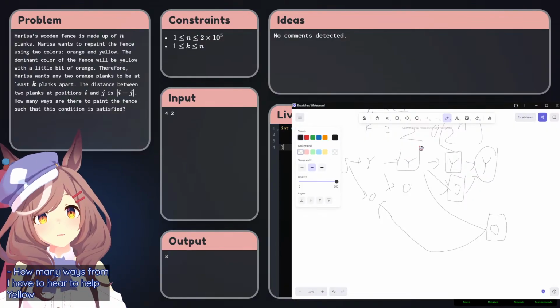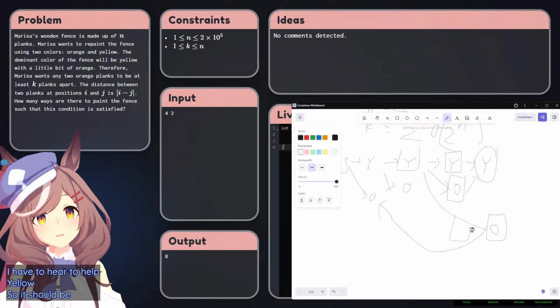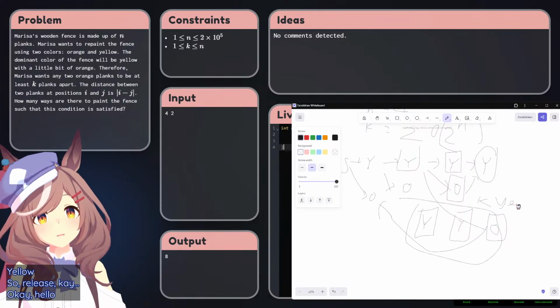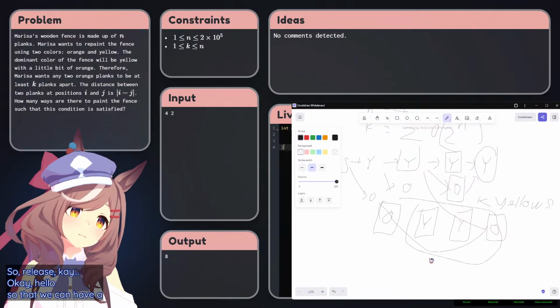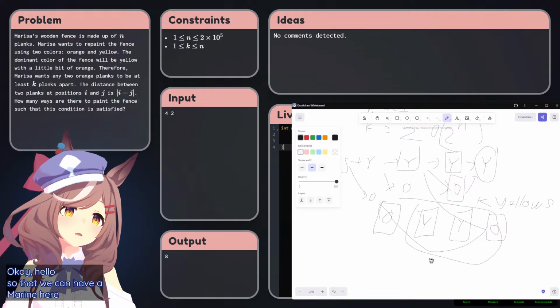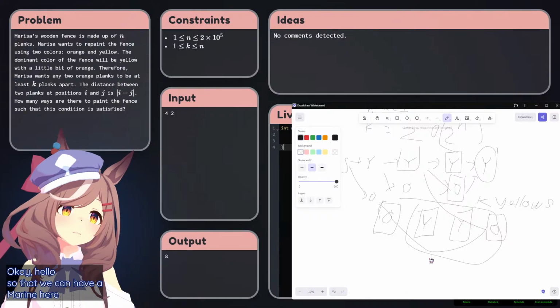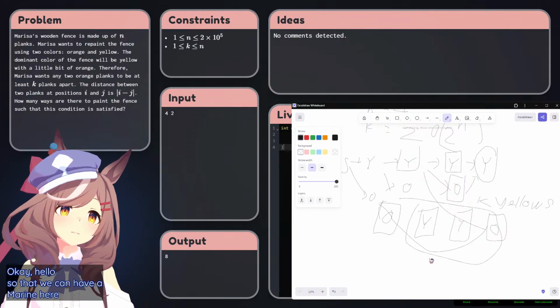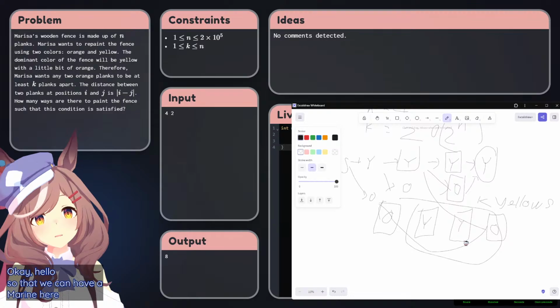When we are orange here, then here should be yellow, and there should be at least k yellow, so that we can have orange here upward. So it should be the number of orange and yellow.